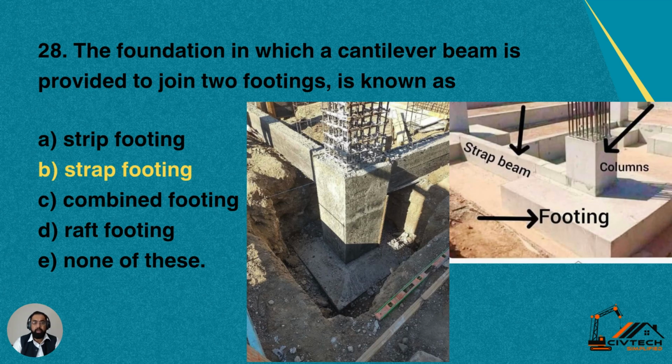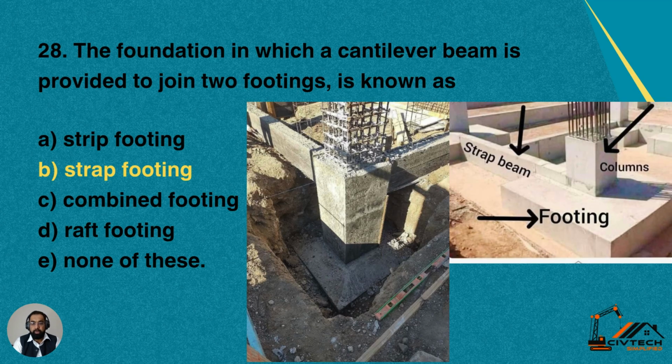We have previously covered all these topics like types of footings, foundation, stability of the structures, loads in the structures, various tests which we perform in the lab as well as on site, destructive tests, non-destructive tests. All these have already been explained in our previous videos, and you can always refer to that material for understanding. But here for this question, I have also placed a few pictures for your understanding.